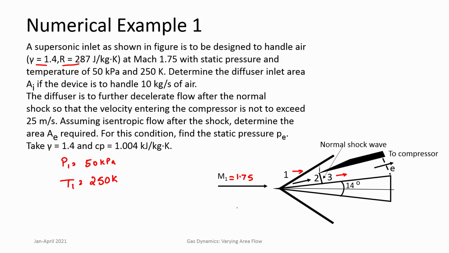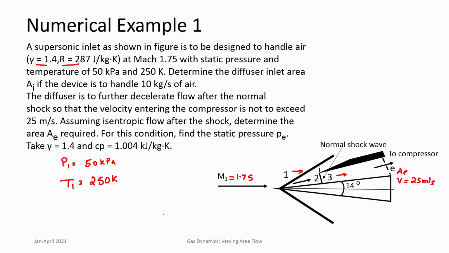The device is to handle 10 kilogram per second of air. The diffuser is to further decelerate flow after the normal shock, so that the velocity entering the compressor does not exceed 25 meter per second. So at the exit the velocity is given as 25 meter per second, quite small compared to the incoming velocity.